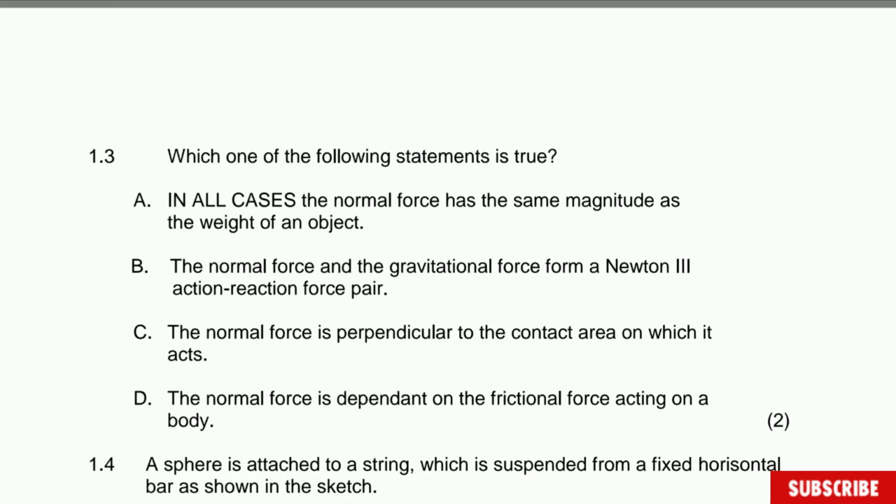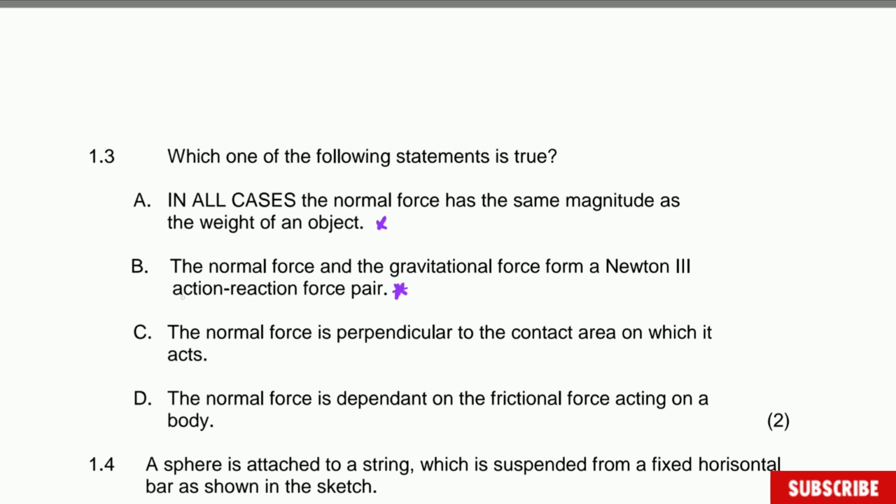Let's go to question 1.3. Which one of the following statements is true? In all cases, the normal force has the same magnitude as the weight of the object. That is not correct, because it's not always like that. The normal force and the gravitational force form a Newton's third law action-reaction pair. That is not correct. It could be tricky and people get confused.